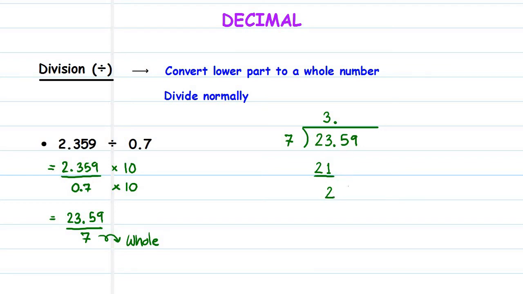Now we can pull down 5. And we will get 3 over here. 7 times 3 gonna give us 21. 25 minus 21 will give us 4. Now we can pull down 9. And here we will get 7. 7 times 7 is 49. And that is it. The answer here is 3.37.